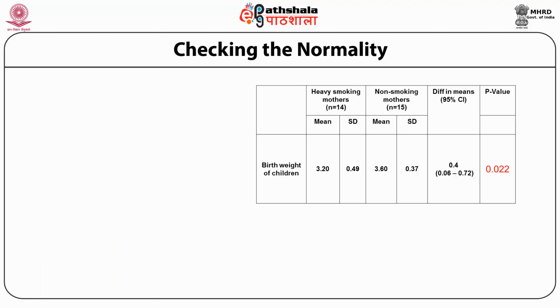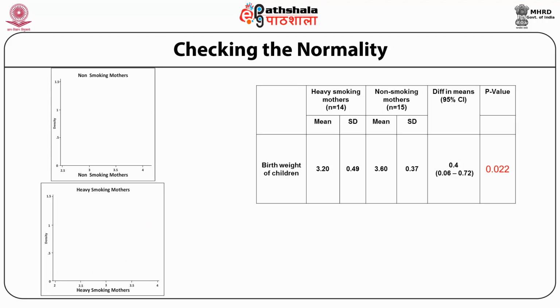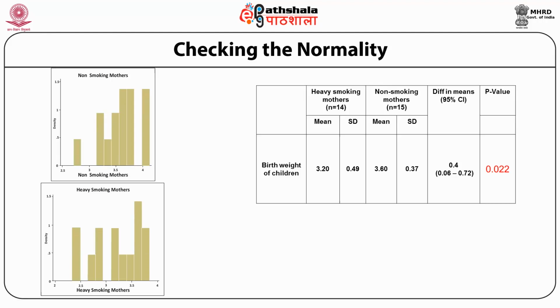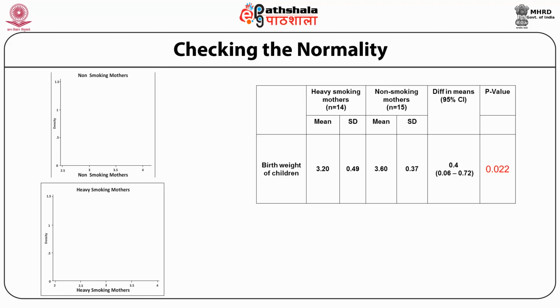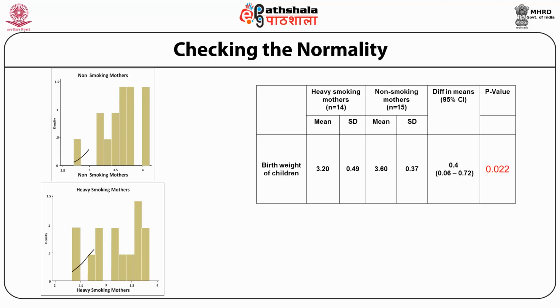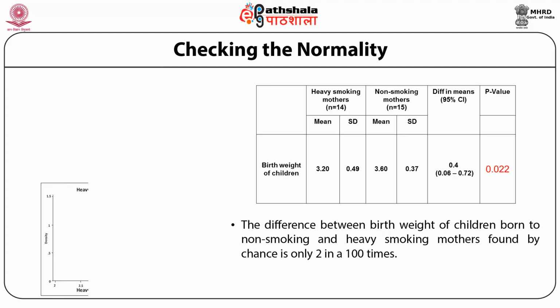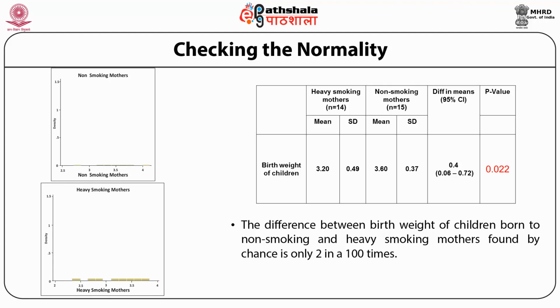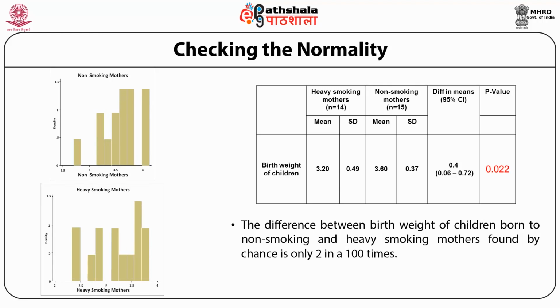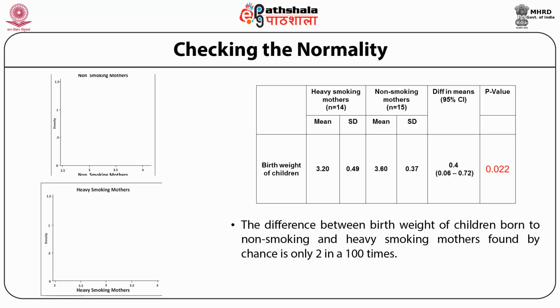Here the null hypothesis is that heavy smoker mothers have the same baby weight as non-smoker mothers. But here it is significant, so we reject that. So the conclusion is that the difference between the birth weight of children born to non-smoking and heavy smoking mothers would be found by chance only in 2 out of 100.